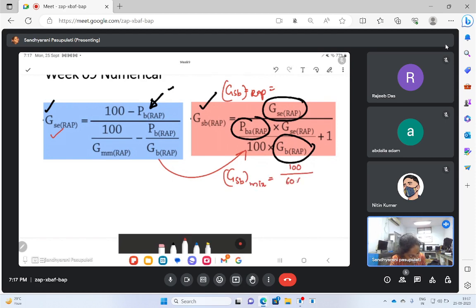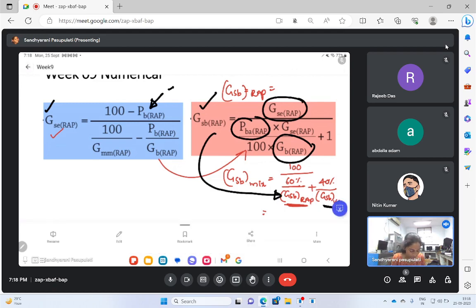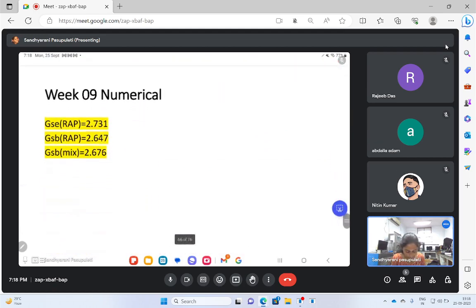In that, 60% is the RAP divided by the GSB of RAP we have calculated, plus the remaining 40% is the virgin aggregates divided by the GSB of virgin aggregates. This GSB of RAP you are calculating here, and the GSB of virgin aggregates is already given. So if we substitute these two values, finally you will get the GSB of the mix. So this much will be the GSE, GSB and also the GSB of the mix.